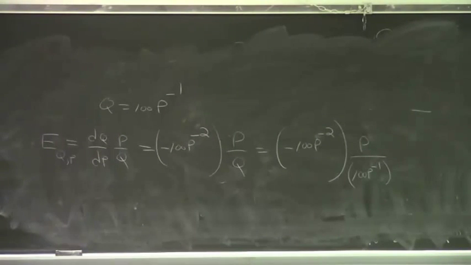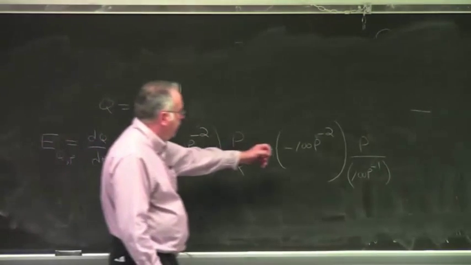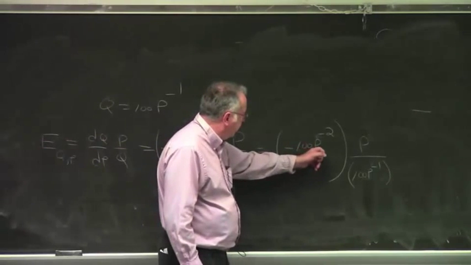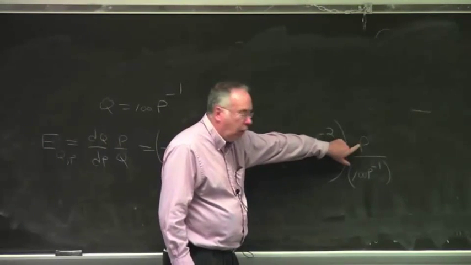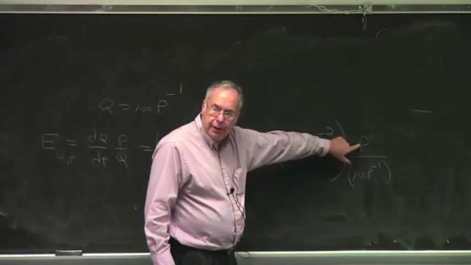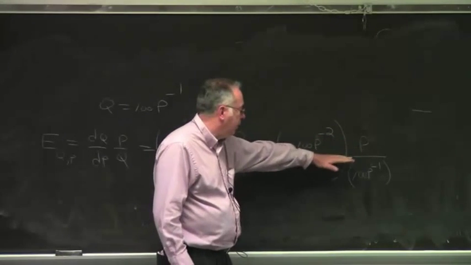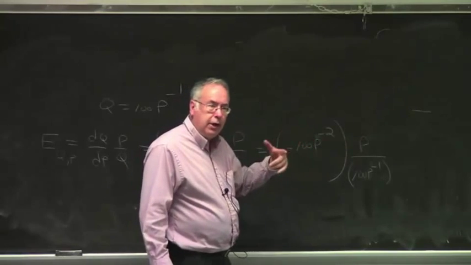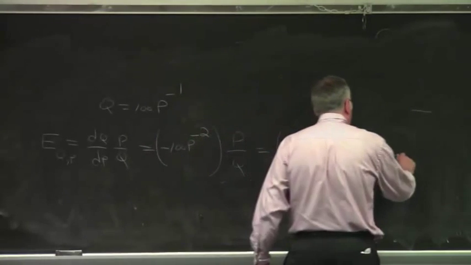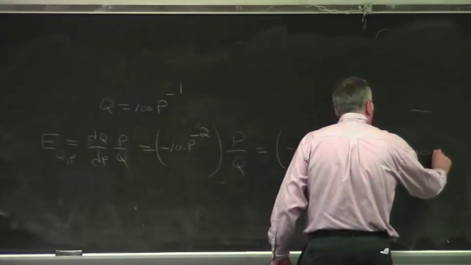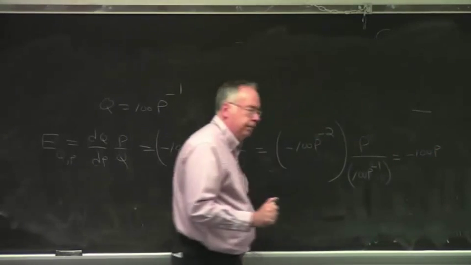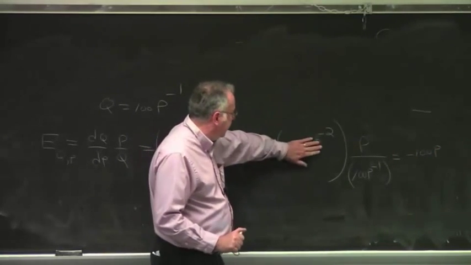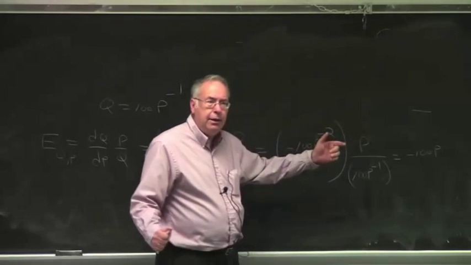And notice what happens when we multiply minus 100 times P to the minus 2 times P to the 1. What do you get? When you multiply this times this, you get minus 100 P to what power? When you multiply this times that, what do you get?